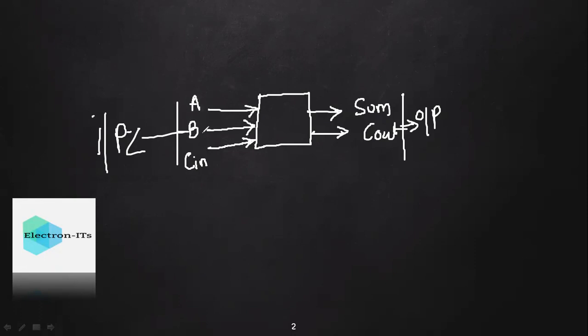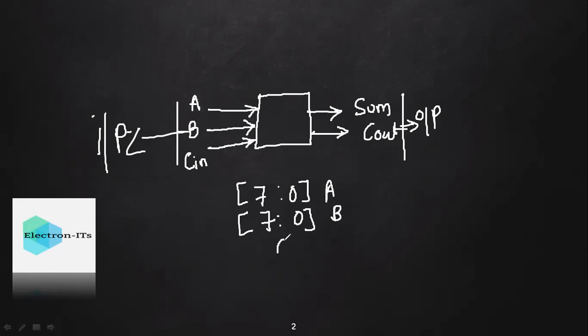Now, how do we represent 8 bits in Verilog or System Verilog? To represent 8 bits, we have to write [7:0] A. So this represents that the A signal is of 8 bits. Similarly, we have the B signal, which is again [7:0] B, and C in is a 1-bit signal, so there is no need to indicate the number of bits.